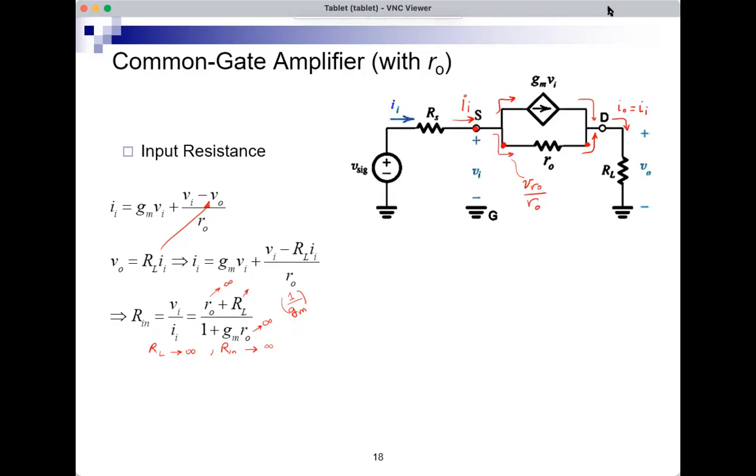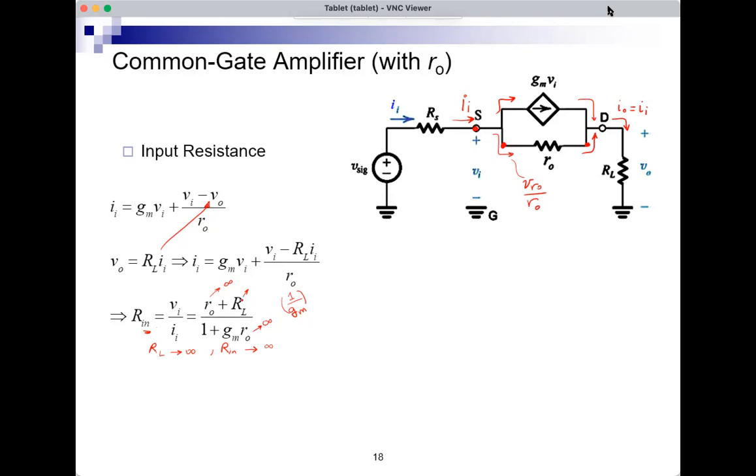Oh, there's one more thing. Why did I start using RIN instead of just RI? I don't know if you noticed that we added N. So far we used just RI. This is because this is the expression that we're getting for input resistance, and it includes RL.